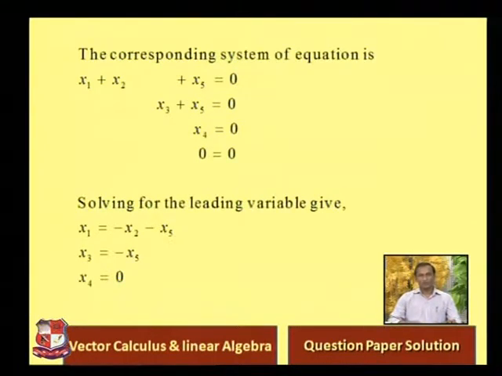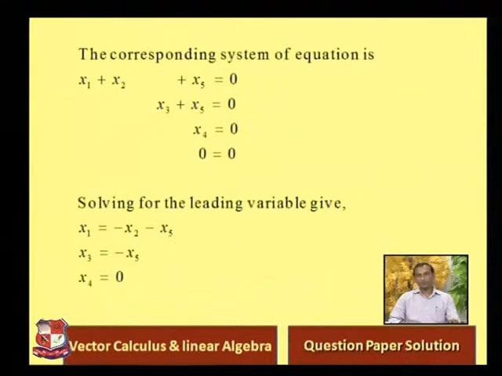Now solving for the leading variables, x4 is 0. x3 equals minus x5, and from x1 plus x2 plus x5 equals 0 we get x1 equals minus x2 minus x5. So x1 equals minus x2 minus x5, x3 equals minus x5, and x4 equals 0.